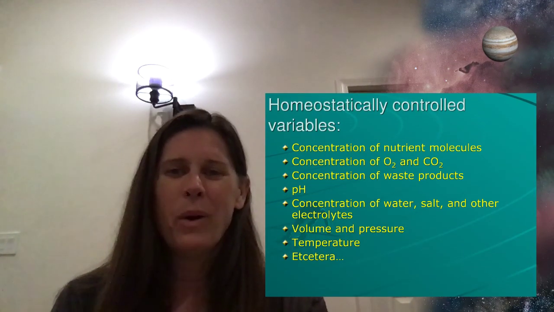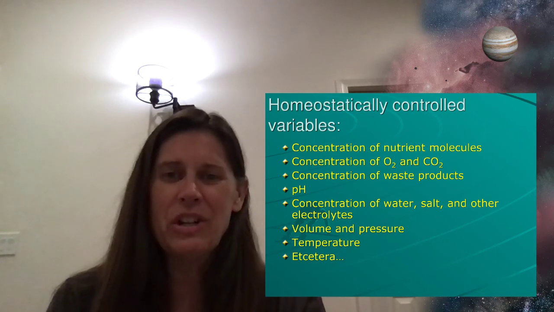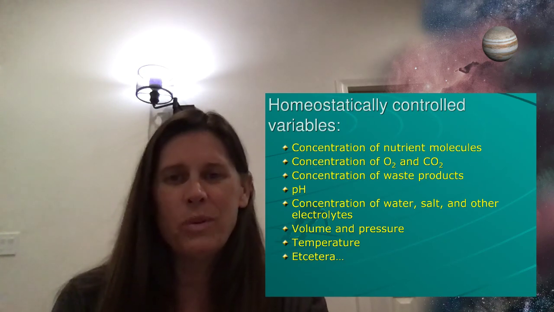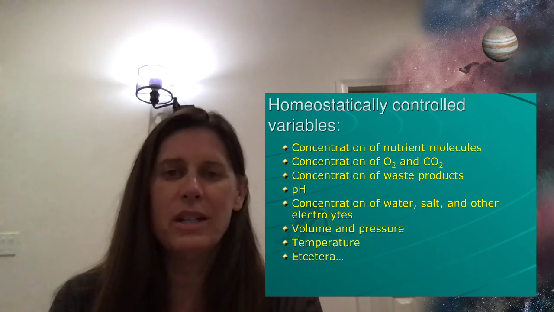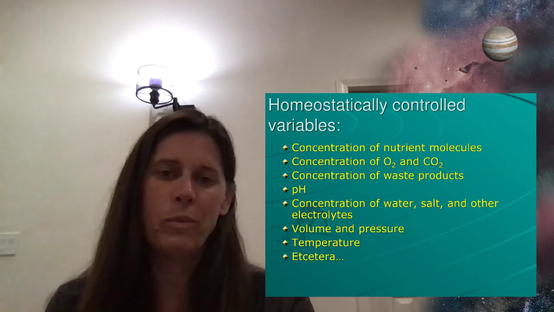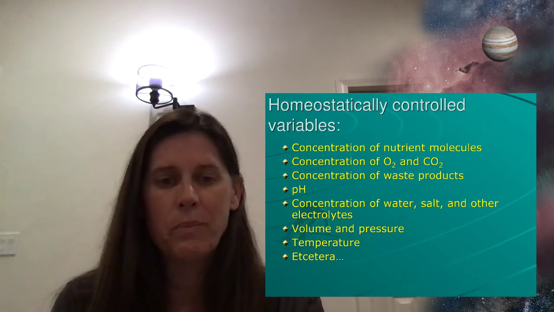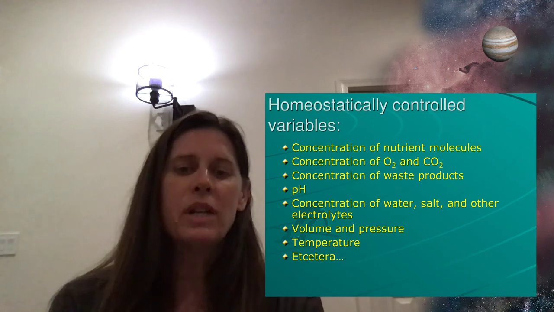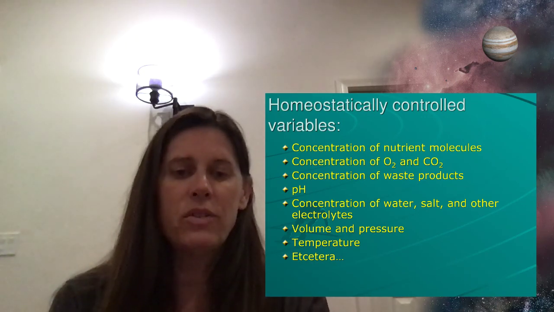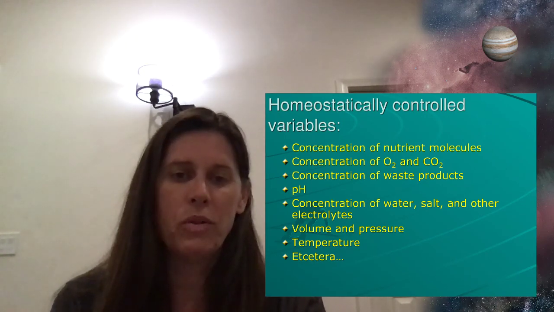So if you recall from part 1 of this lecture, homeostasis was defined as how your body maintains fairly stable conditions so that your organ systems can function normally. Okay? And so we want to look at what are the different types of variables or the different things in your body that must be maintained homeostatically.